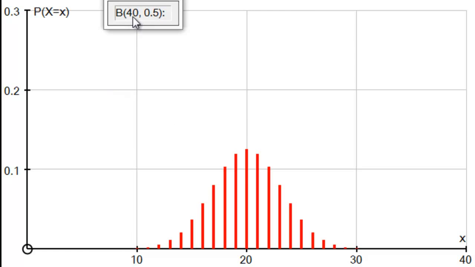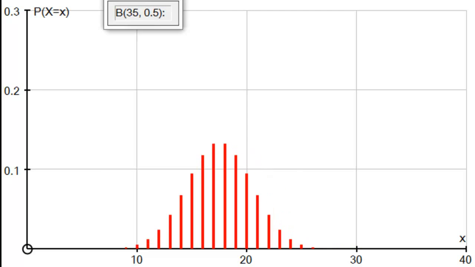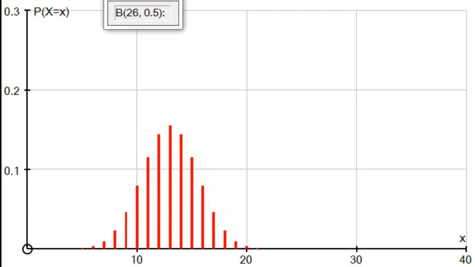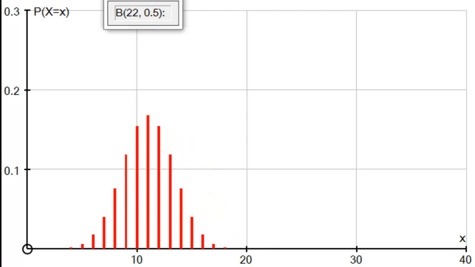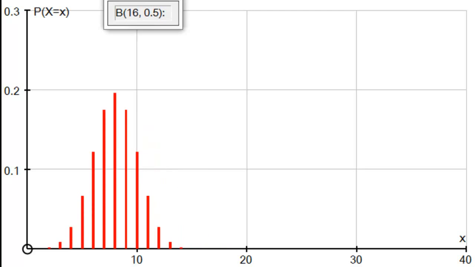Well, let's just keep p at 0.5 and start to reduce n. Keep looking at this number here and how the distribution changes. We'll start reducing it, and you can see that the distribution still remains symmetrical. Let's just reduce it a bit more.